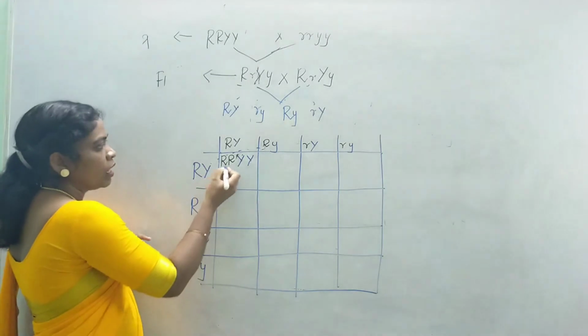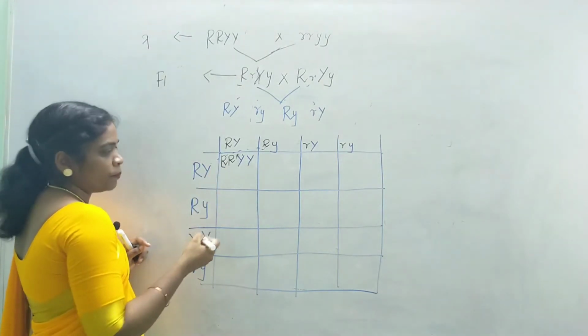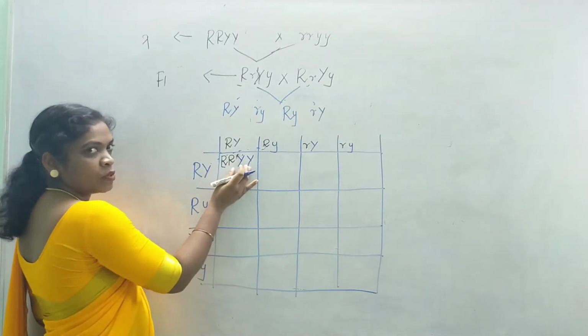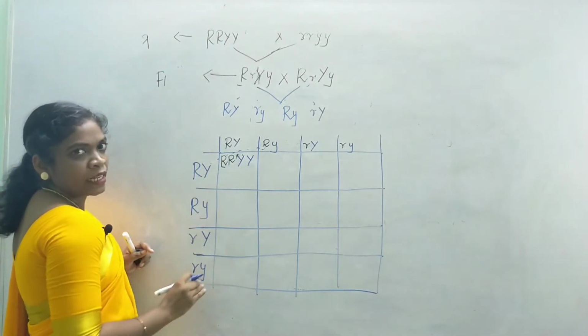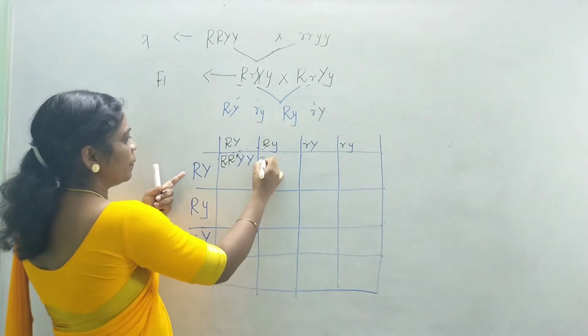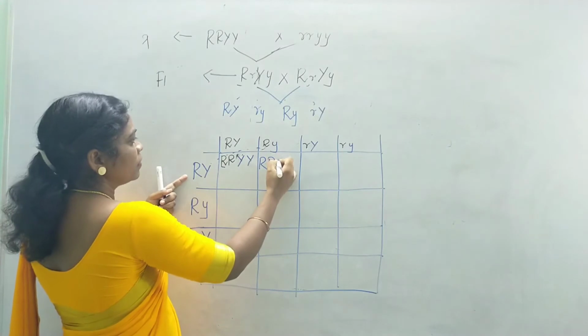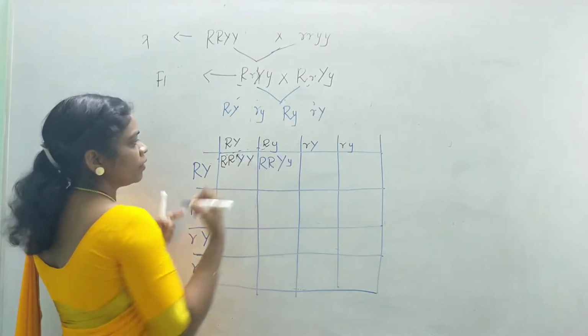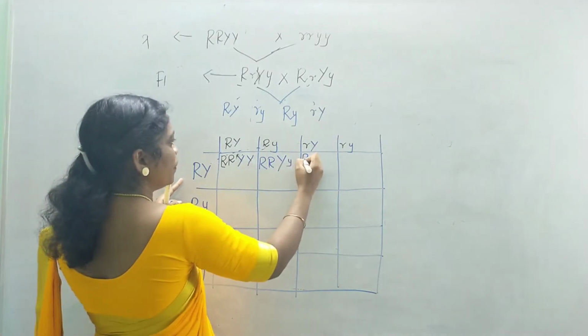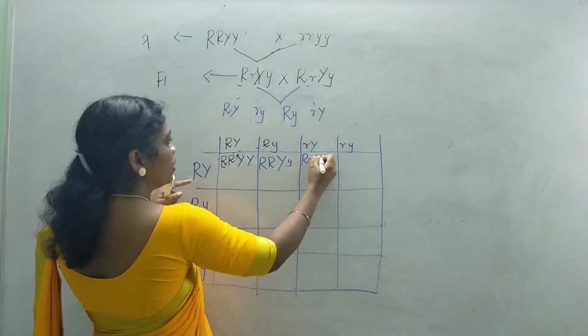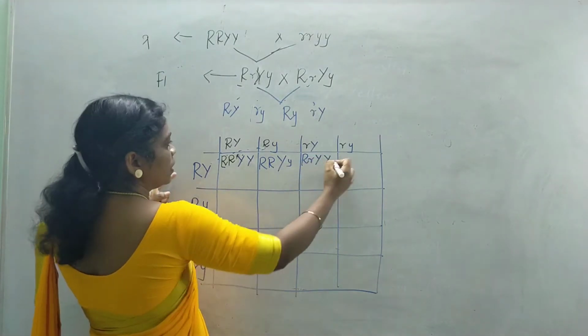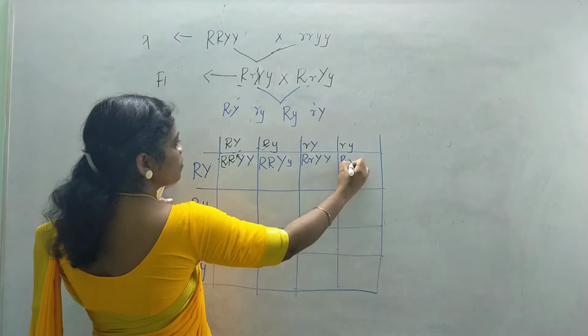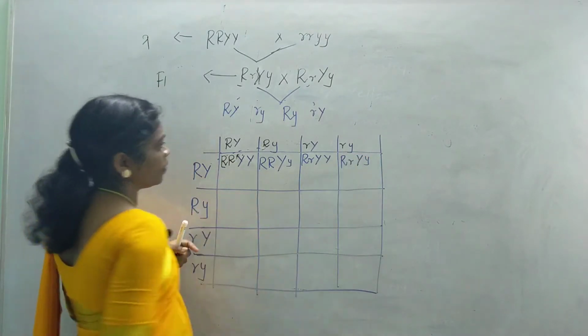One more important thing: when you write the genotype, the capital letters or uppercase should come first, followed by the recessive form. So here I will be writing capital R, capital Y, small y. Here capital R, small r, capital Y, capital Y. The last one is capital R, small r, capital Y, small y.